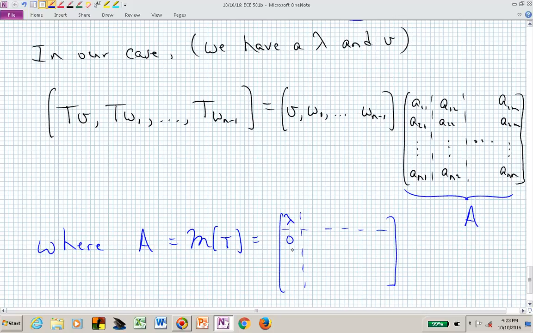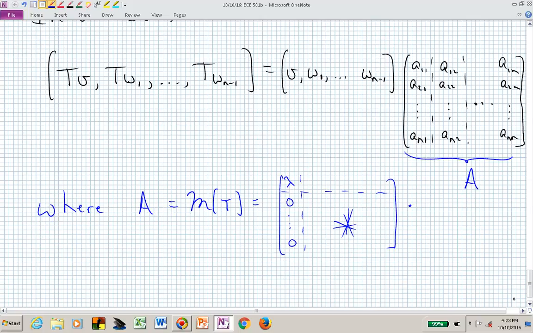So everything below that first entry, or first element in our A matrix, is 0, if indeed lambda is an eigenvalue and v is an eigenvector. So if we hit v with our linear operator T, then we know we have to be living on that same vector v, and so it's a scaled version of v, scaled by the eigenvalue lambda.